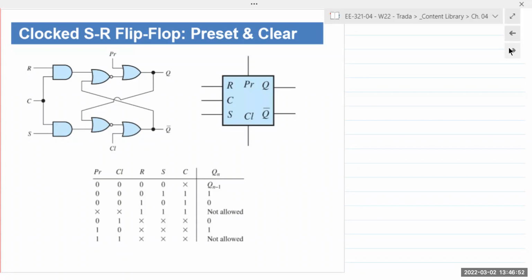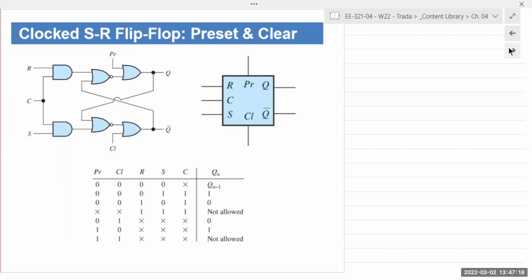Now, I won't go too much into detail on the operation, as it gets too complex. We could sit here and talk about it for hours, every single input, every single combination, trying to find the output. But in summary, what a preset does is exactly the same thing as set. In logic circuits, set means setting the value at 1.